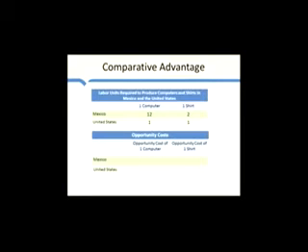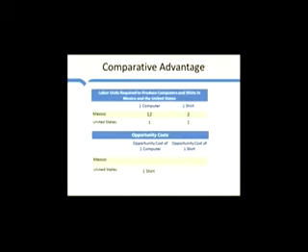And in particular, we'd have to take 1 unit of labor from shirt production and move it into computer production. That would get us 1 more computer at the cost of 1 shirt. So the opportunity cost of 1 computer in the United States is 1 shirt. Well, what's the opportunity cost of a shirt? Well, the opportunity cost of a shirt, what you're giving up to produce an extra shirt, is 1 computer.